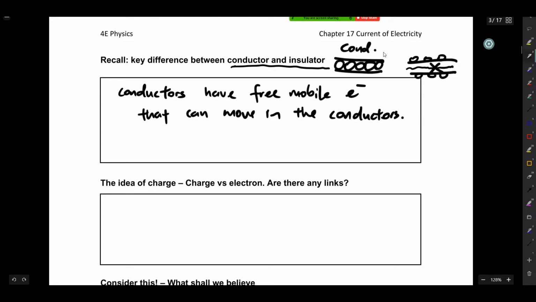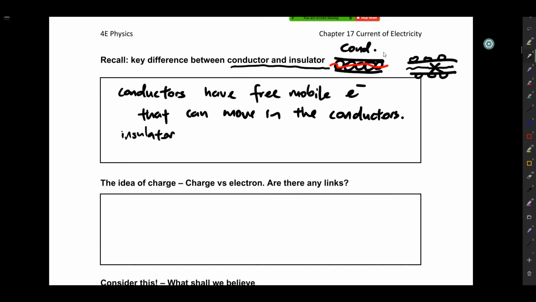What I need is electricity to flow, and in this chapter, for electricity to flow, I need electrons to move. If the electrons are not able to move, then clearly I will not be able to produce electricity. That is why I start off with this idea of conductor and insulator.